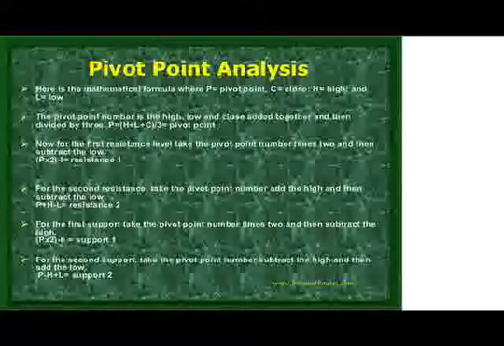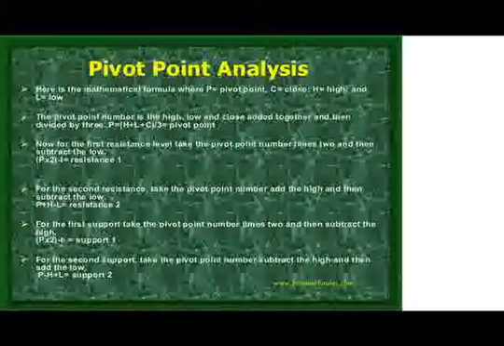And I'll talk about refining and filtering these support and resistance numbers in just a few slides. The first target of resistance is calculated by taking the pivot point value times 2, then subtracting out the low. Then, to get the second target of resistance, we take the pivot point, add the high, then subtract back out the low.